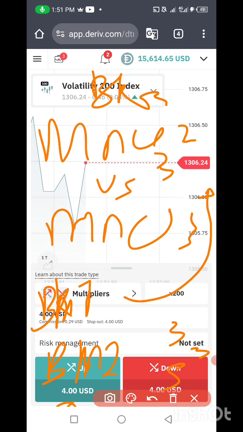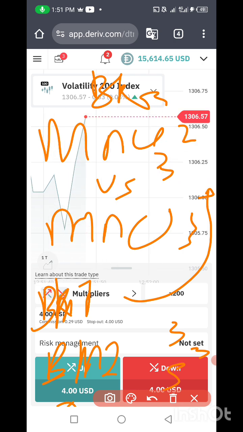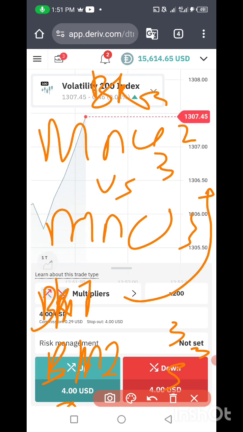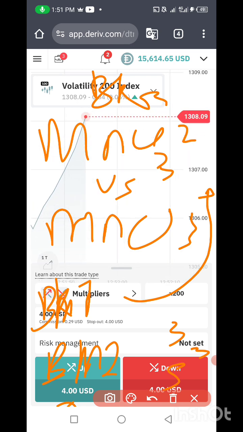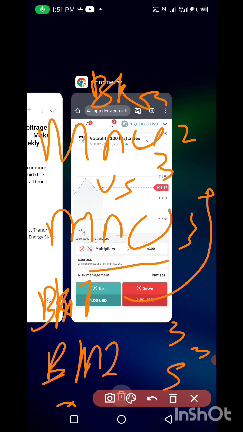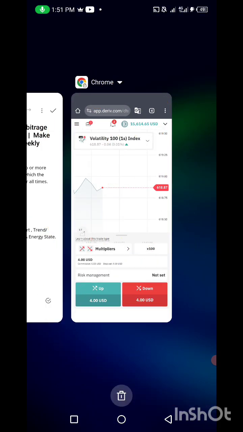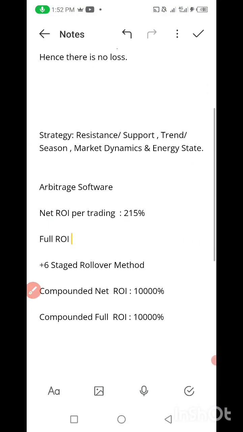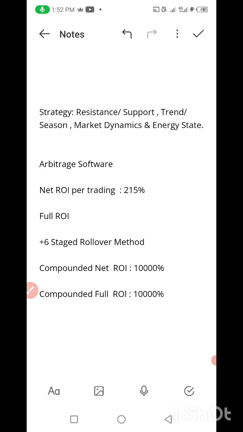The strategy will show you how to get big odds, so that the net return on investment per trading session is 250%.